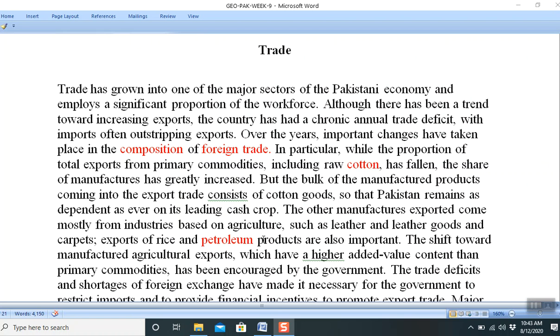And if a country is not producing anything itself and has to purchase those things from other nations, it will have to pay huge money.